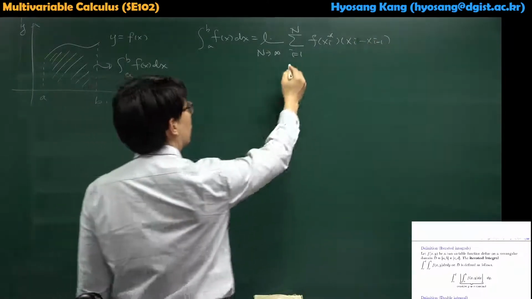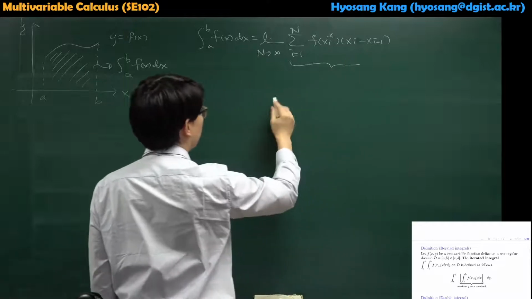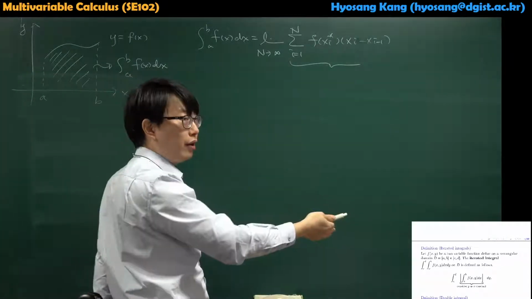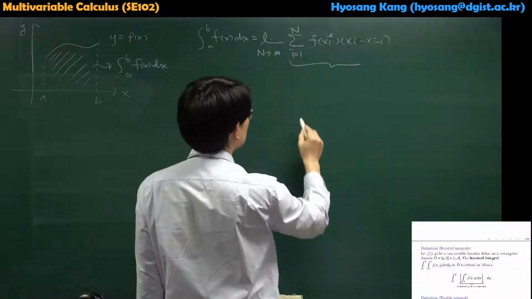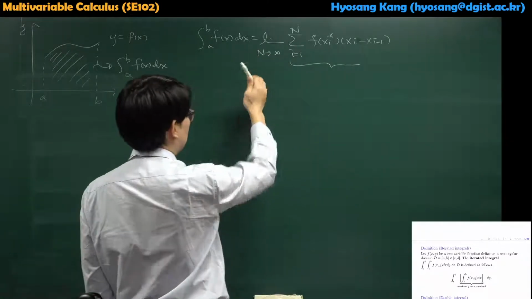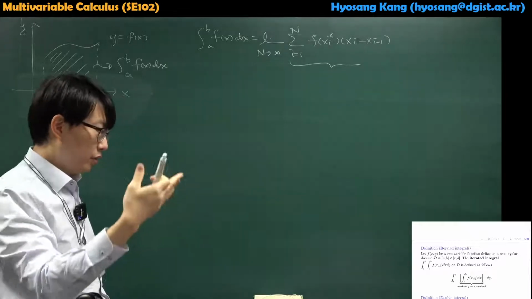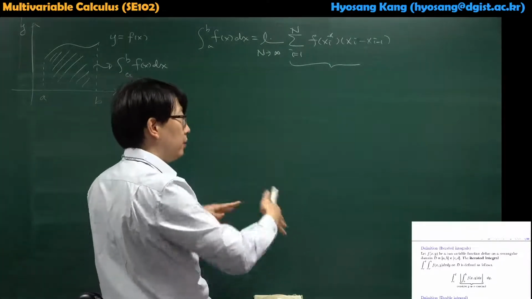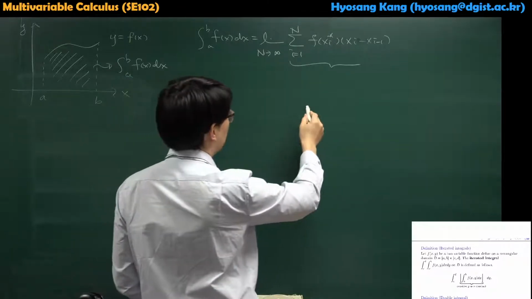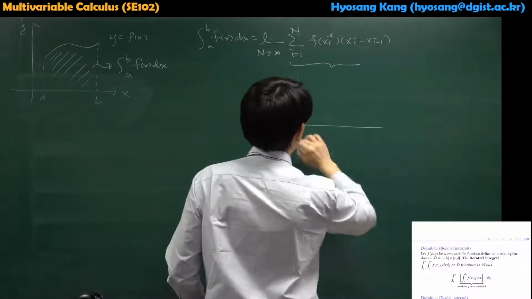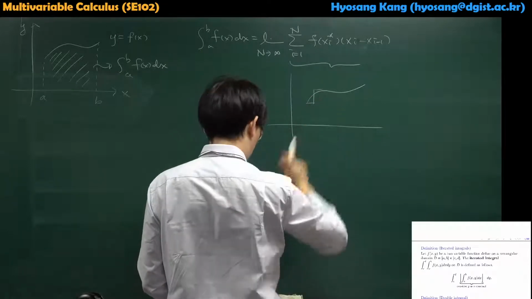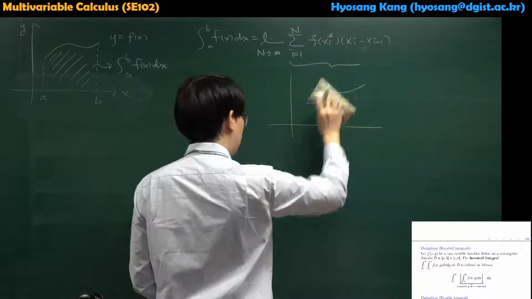This Riemann sum represents the sum of the rectangular areas under the curve. It's an approximate area under the curve. However, if I take the size of the intervals small enough, then the area of the rectangles approximates the actual area under the curve. So you probably learned that as another definition of the definite integral.